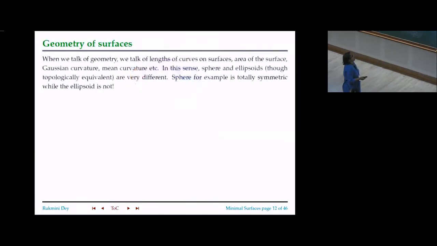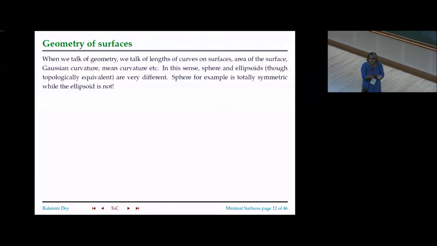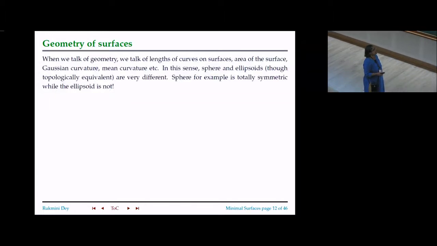We'll come to that. So far we have been just talking about topology, where you can continuously deform, and it's still topologically equivalent to the previous one. But when we talk about geometry, we talk of different things: lengths of curves on surfaces, area of the surface, Gaussian curvature, mean curvature, and so on.